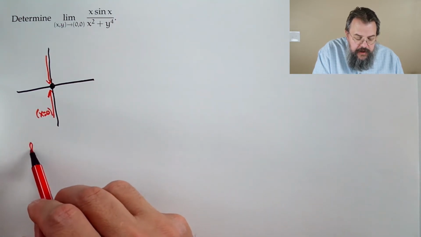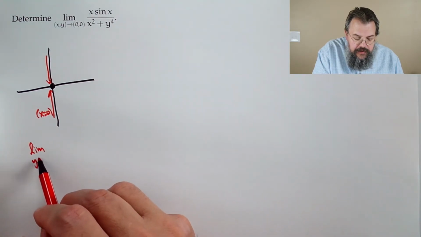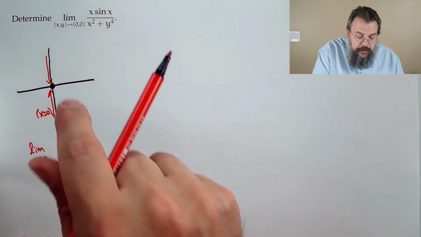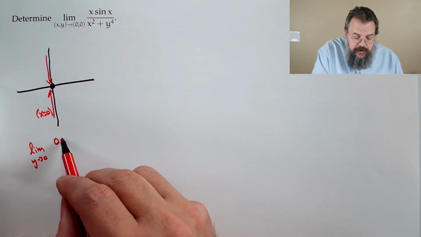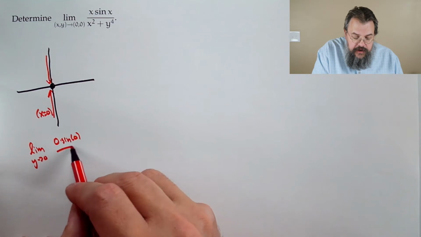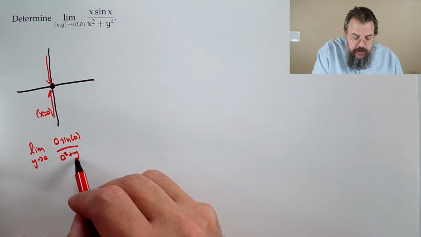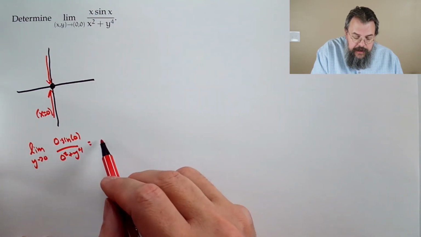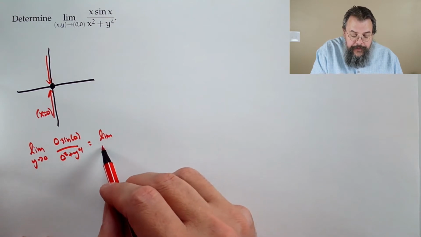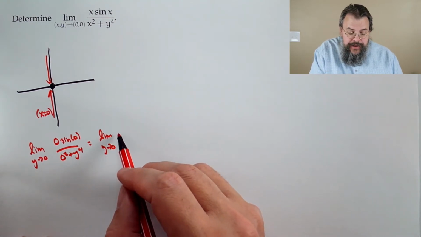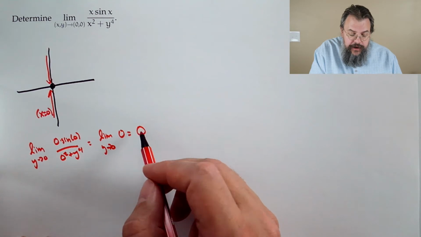So it becomes simply the limit as y goes to 0. When we plug in x equals 0, we get 0 sine of 0 over 0 squared plus y to the fourth. Well, that simplifies a lot. So that becomes the limit as y goes to 0 of 0, which is 0.